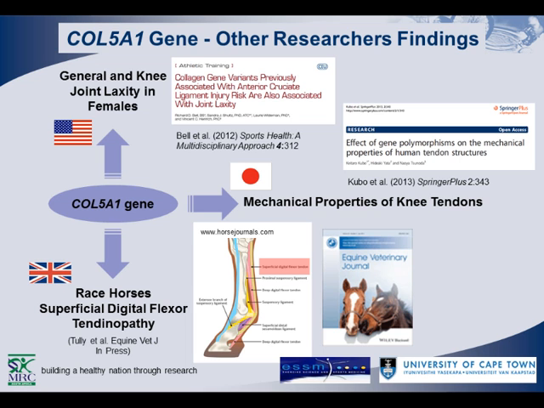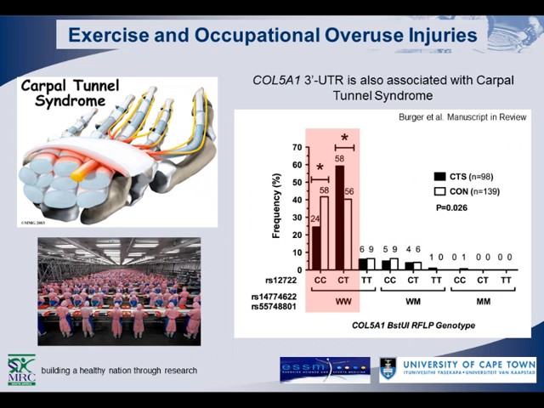So the evidence is becoming more and more available, supporting that there seems to be a functional activity within that region of the gene. We've also recently, it's unpublished data, still in review, looked at the polymorphisms within this particular region, and we found similar associations with an occupational injury such as carpal tunnel syndrome.